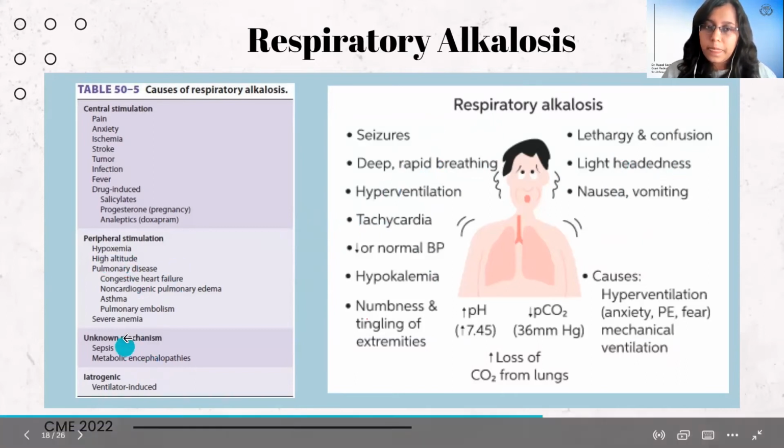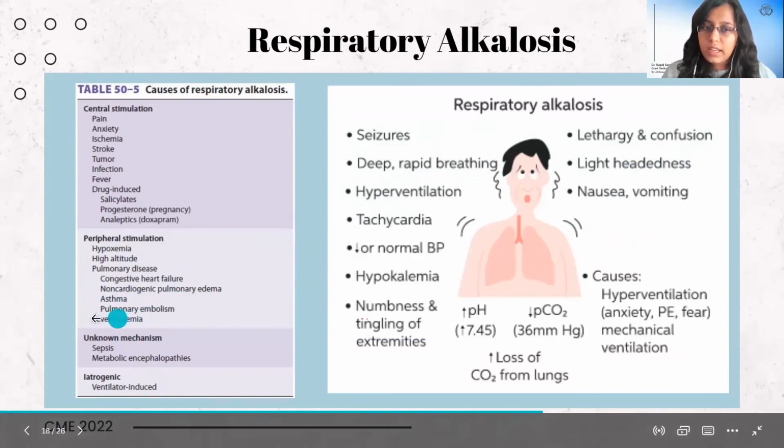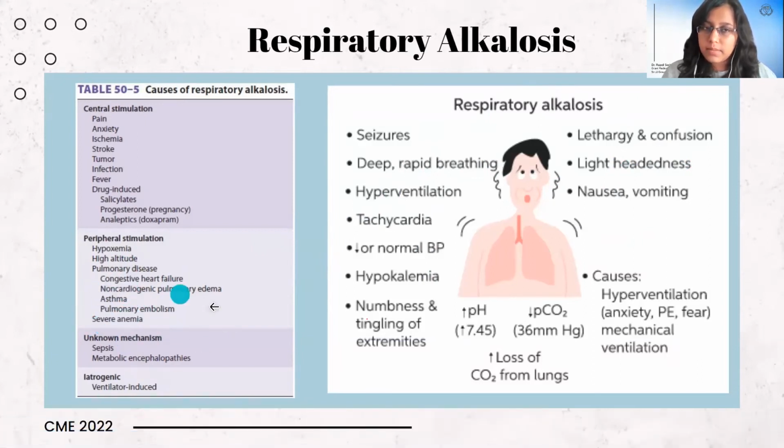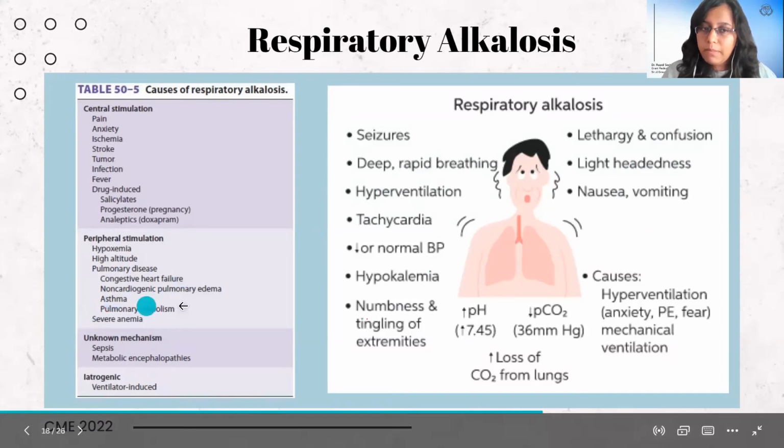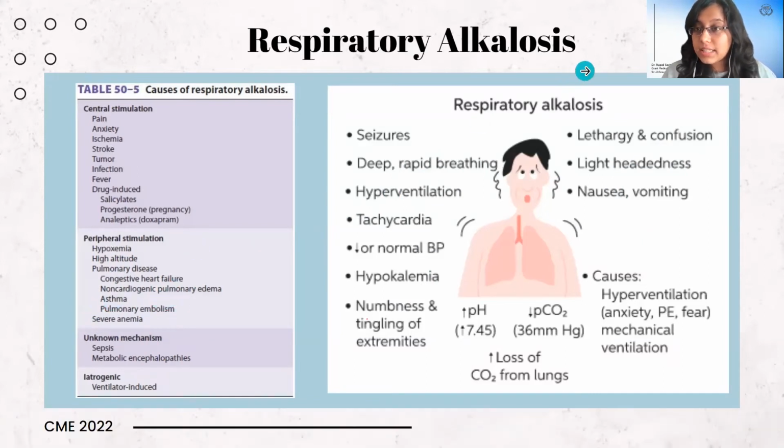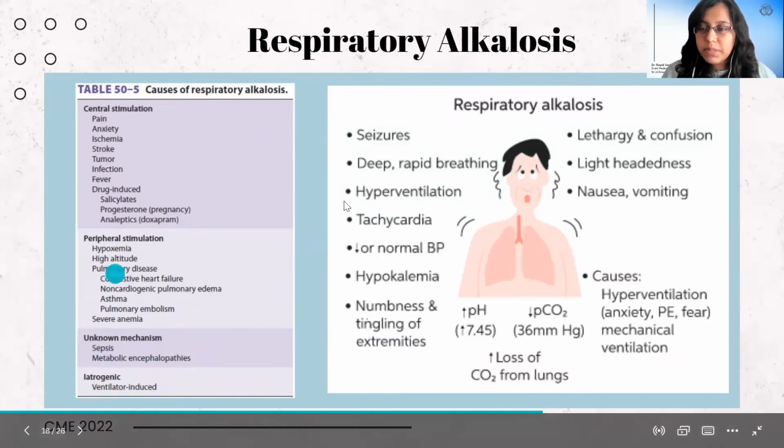So things like that. Again, congestive heart failure, asthma, pulmonary embolism. So you see how a pulmonary disease can lead to either acidosis or alkalosis, depending on what is happening to the ventilation. Right? Unknown mechanism, a patient in sepsis is hyperventilating, the CO2 is washing out. Same. Again, iatrogenic is ventilator induced.